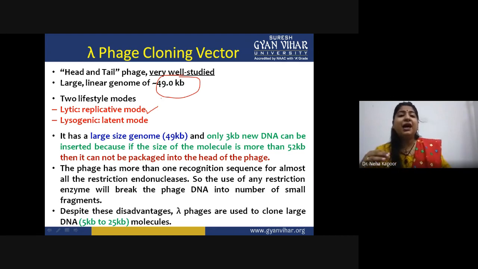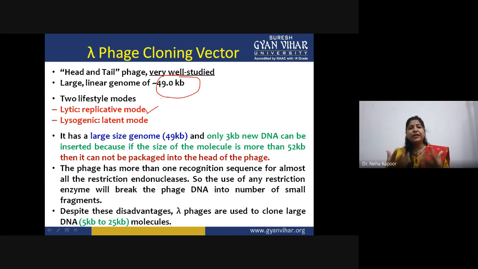All of these things can't be packaged inside the head of the phage, because there is a limit that it can accommodate only 52 kb of DNA. 49 kb is already the genome of the phage, so the left out part is only 3 kb. That 3 kb insert size is very short, and for cloning purposes, this insert size is not acceptable.